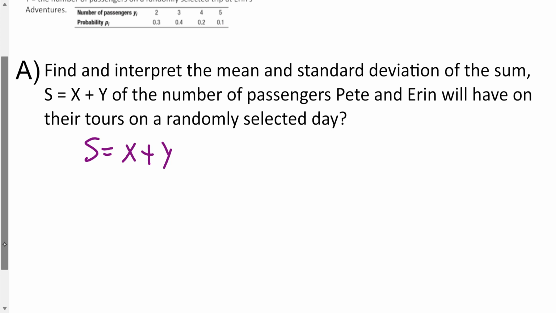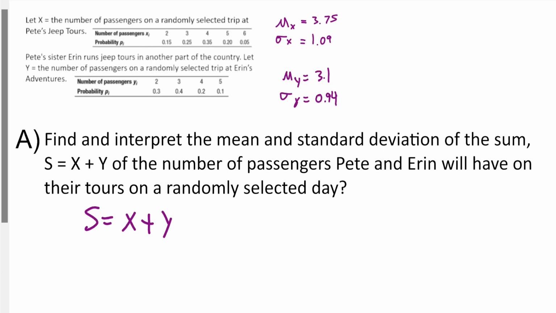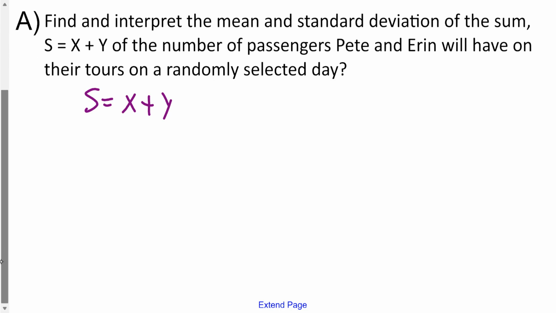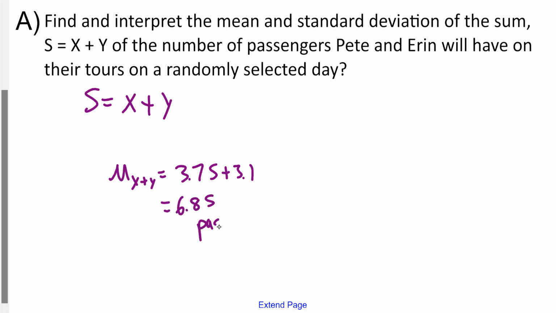So we're going to take these means and standard deviations that we just dealt with and add for the mean. So the mean of X plus Y is the mean of X plus the mean of Y, right? So go ahead and find that. That's 3.75 plus 3.1, and you get 6.85 passengers in total on average.